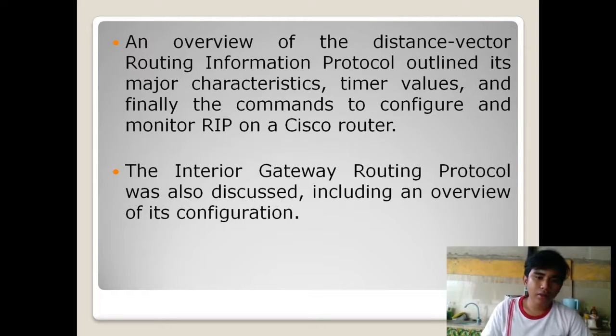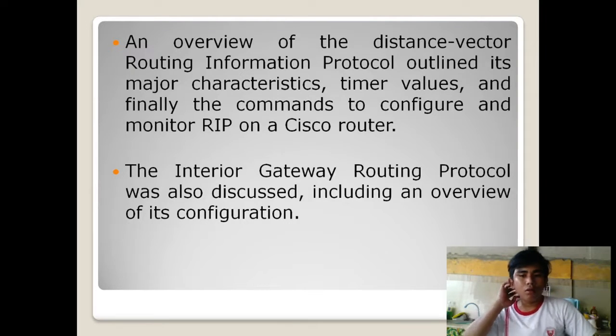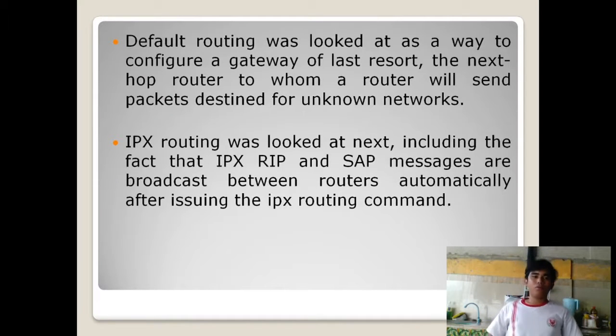The Interior Gateway Routing Protocol was also discussed, including an overview of its configuration. Default routing was looked at as a way to configure a gateway of last resort, the next hop router to which a router will send packets destined for unknown networks.